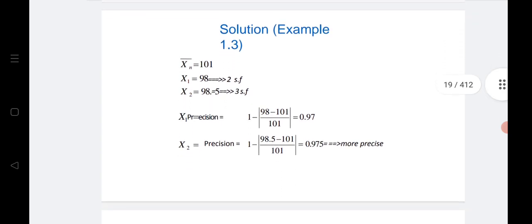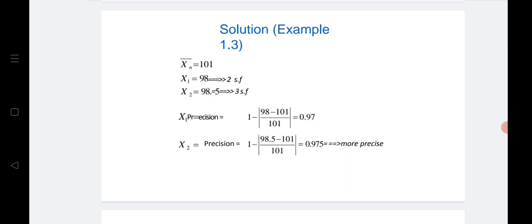So what happens to my x1? For x1, what is the precision I am going to get? 1 minus, what is the measured value? The value I have measured here is 98, and the average set of value is 101. So it is 98 minus 101, divided by the average set of value 101, which gives 0.97.